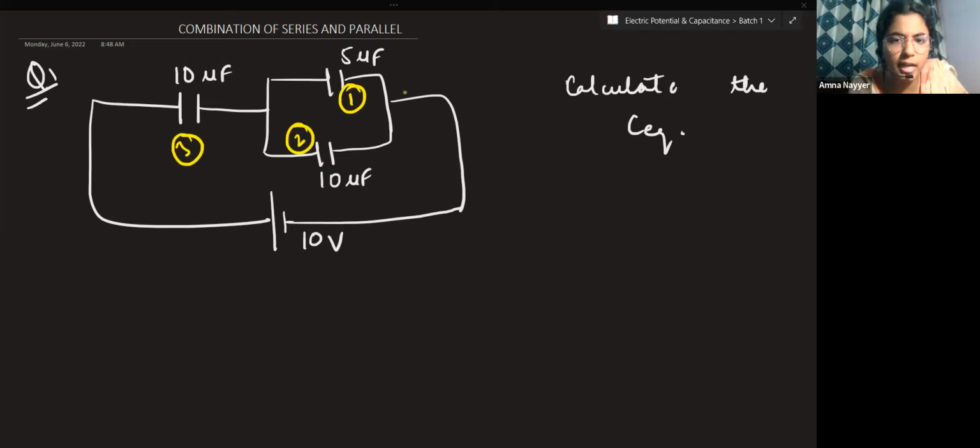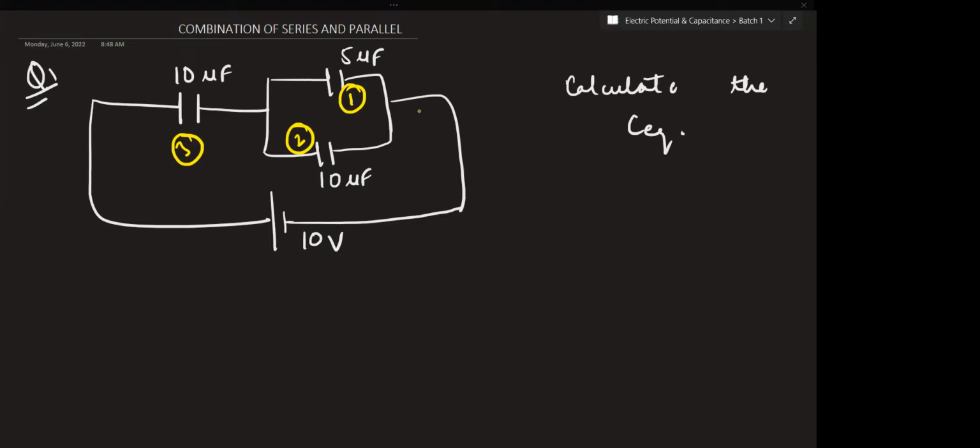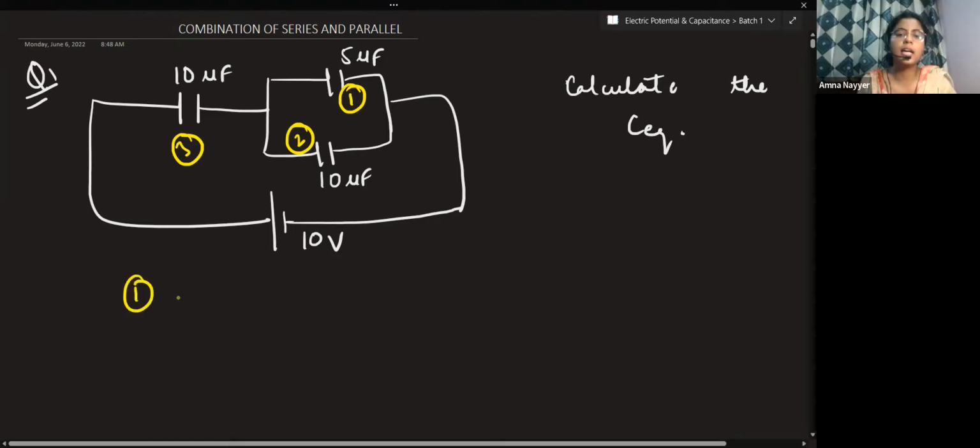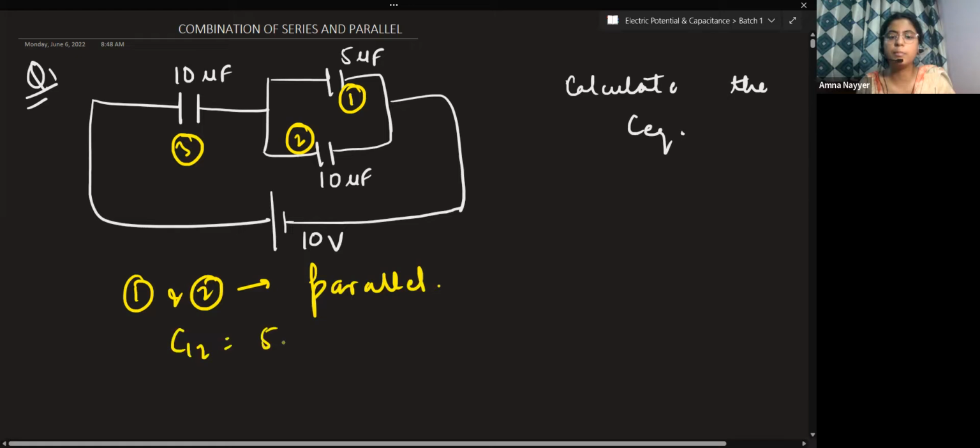Rifat, can you try? I'll help you. Can you tell me if 1 and 2 are connected in series or in parallel? Parallel. They are connected in parallel. So C1 and C2 are connected in parallel. So C12 will be given how? Simply 5 plus 10, that is 15.